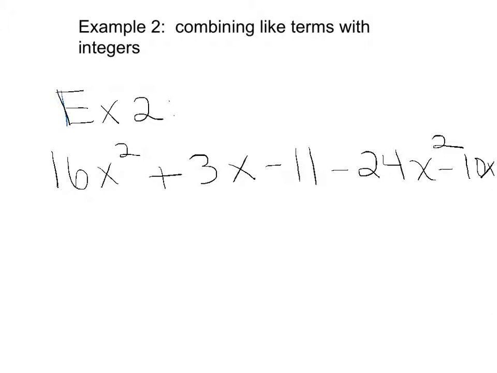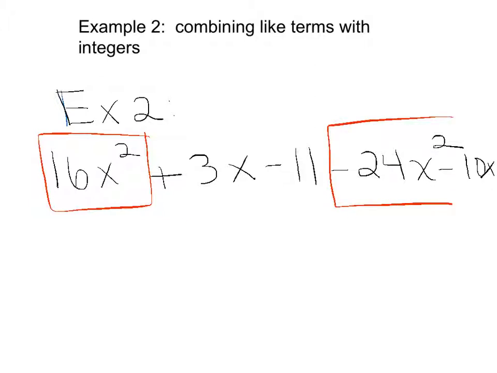Okay, so I'm going to put a red square around all the terms that are alike. 16x squared and negative 24x squared.